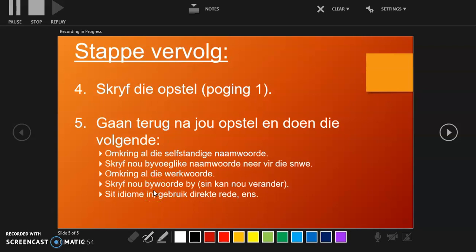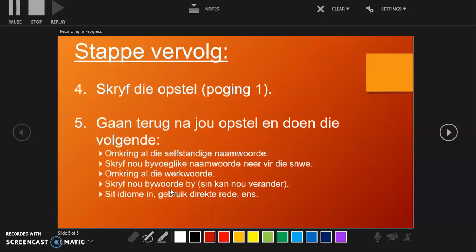Then the next one. Skryf nou bywoorde by. Now you can add adverbs. So as jy byvoorbeeld geskryf het, die groot vliegtuig vlieg in die lug. Nou, vlieg, that is your verb. It's an action word.